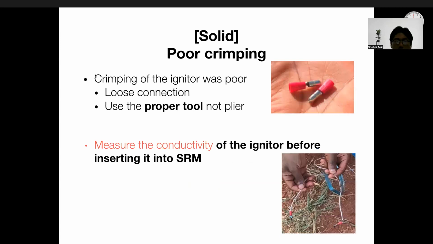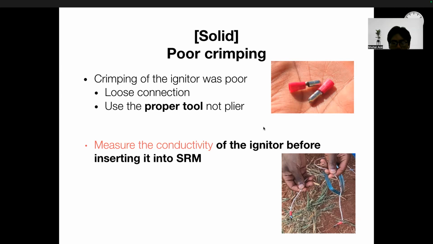Then on site, we observed there was poor crimping, so they were not able to ignite the igniter at first. They were obliged to replace the igniters, and since the design didn't enable them to replace it easily, they struggled a lot.